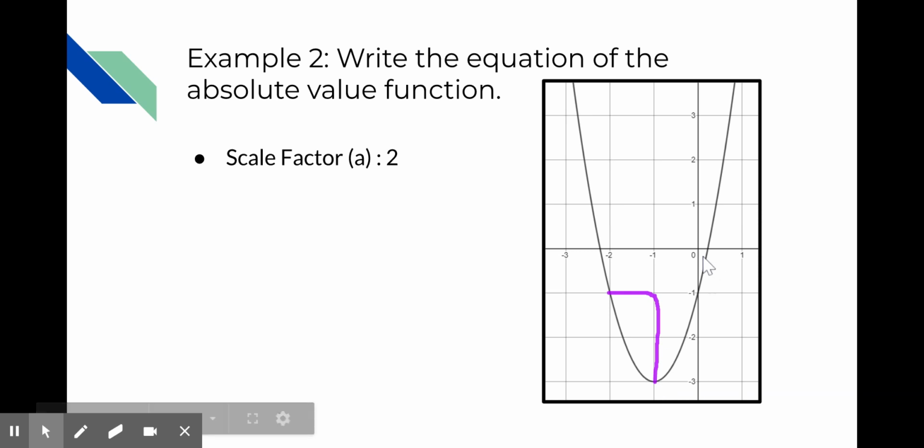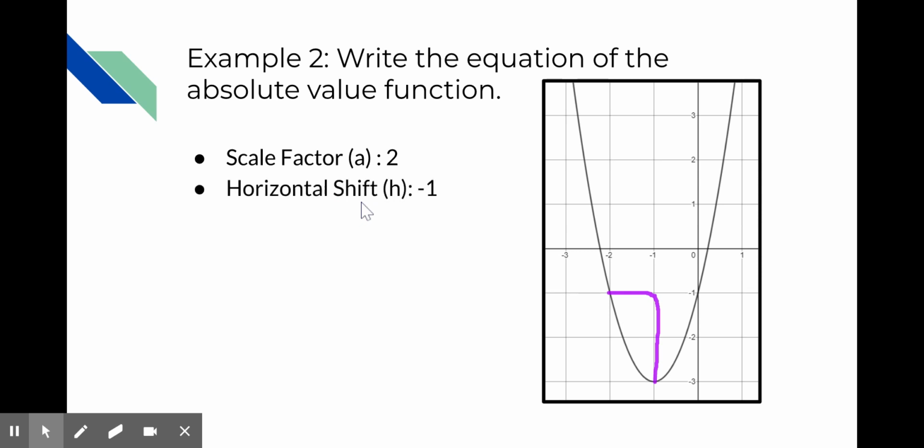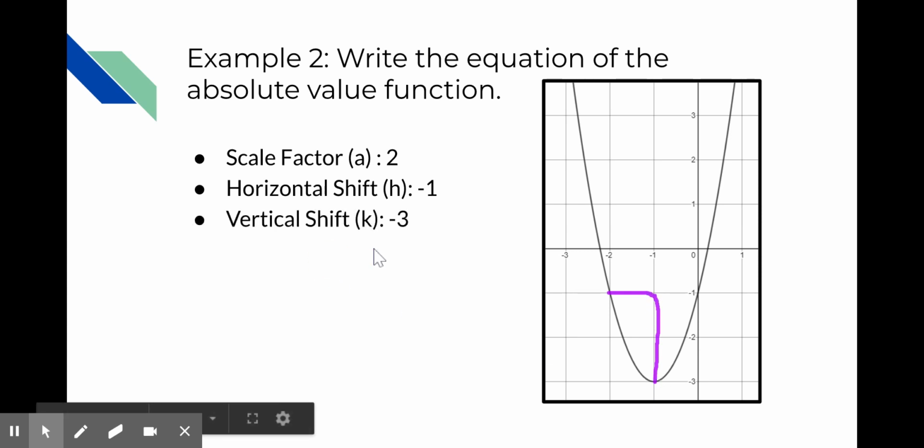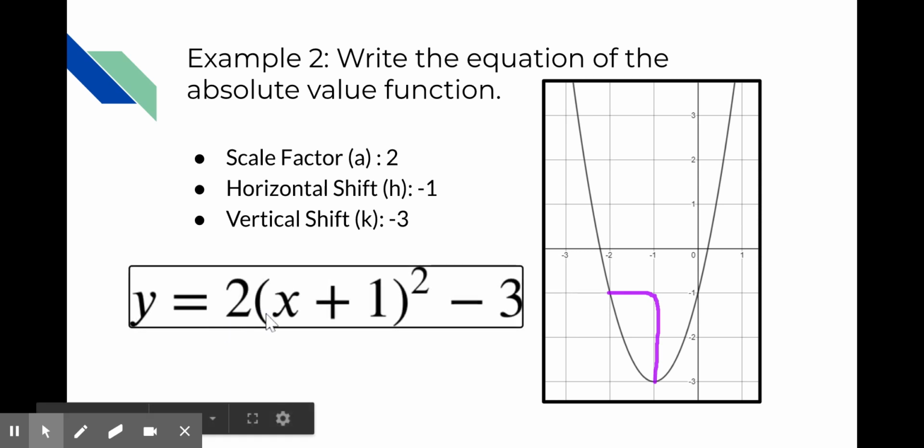My vertex moved over 1 to the left from the origin, and it went down 1, 2, 3 to -3. So our equation, we plugged in our scale factor. Then we have to change the horizontal shift, so it's x plus 1 squared minus 3.